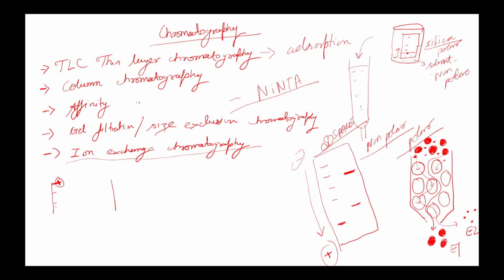Okay. So here also you have an immobilized, charged surface. This is the example I'm giving of anion exchange. Okay. So this is an immobilized surface where loosely attached buffer ions are present, but these are the immobilized cations.